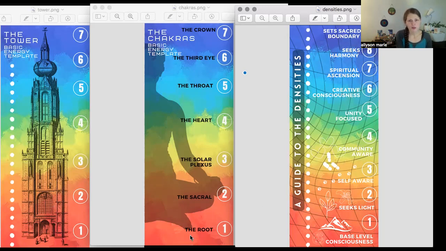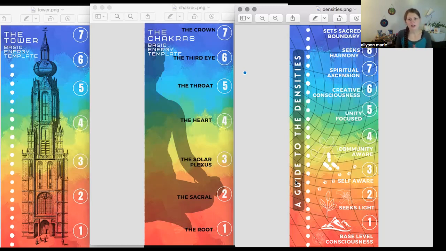So let's get into number 2 now. The second chakra is the sacral chakra. And that is above the base of your spine, sort of around the pubic area, or the mid stomach, below the belly button.